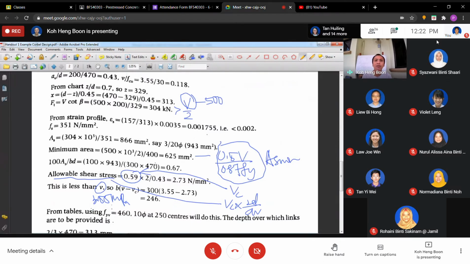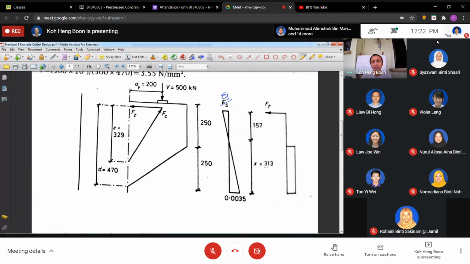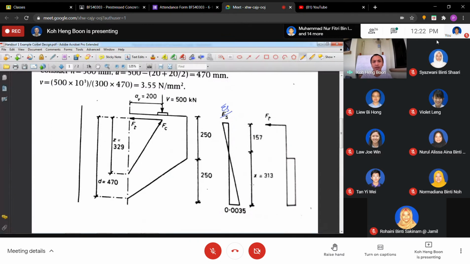After that, we are going to calculate whether the steel, which is 460, is going to yield or not. We have to calculate the strain of the steel.